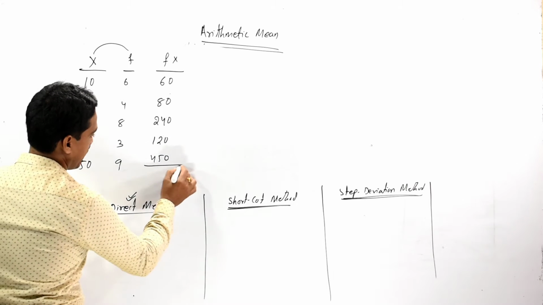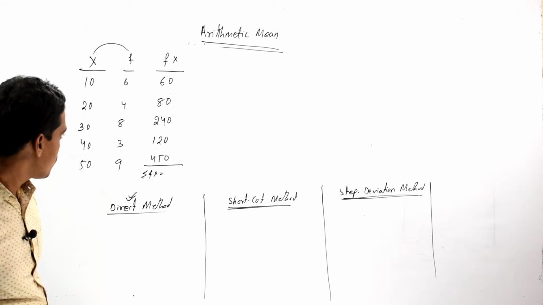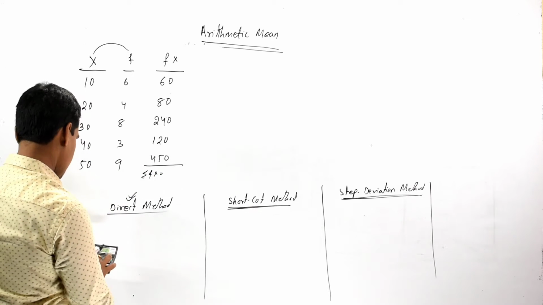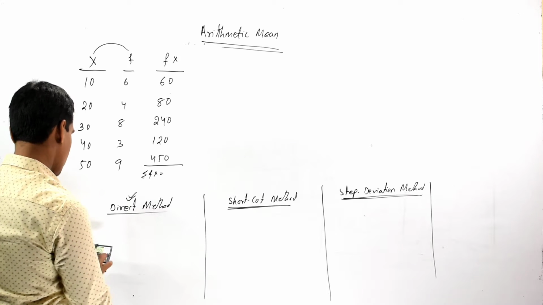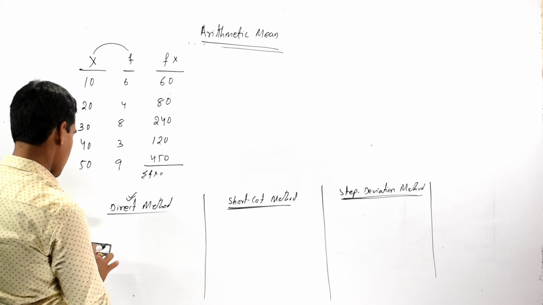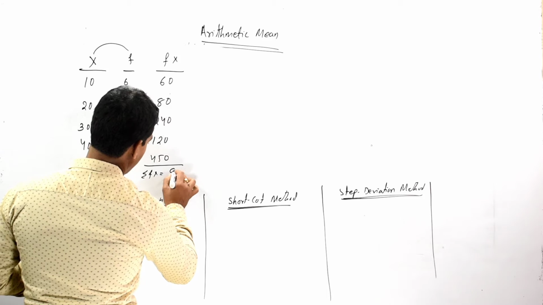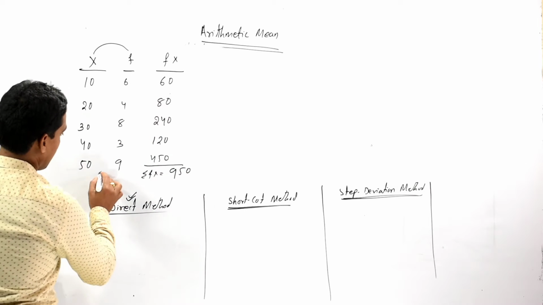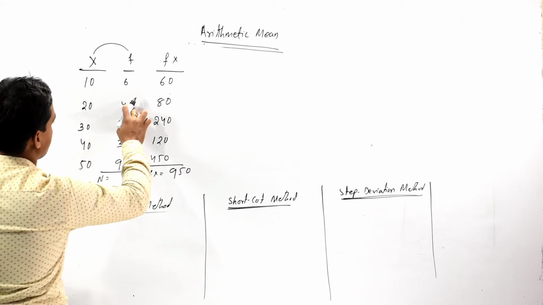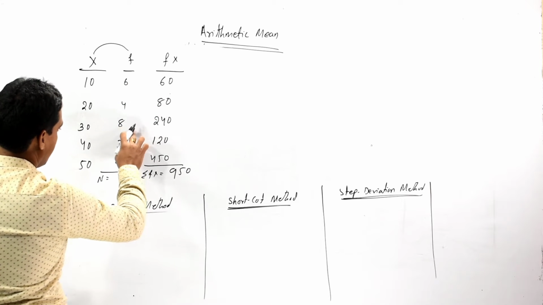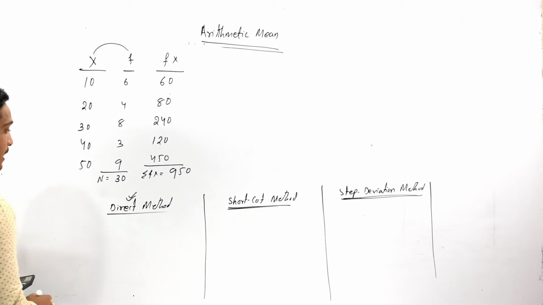Now the summation of fx is 60 plus 80 plus 240 plus 120 plus 450 equals 950, and our total frequency, that is n, equals 6 plus 4, 10, plus 8, 18, plus 3, 21, plus 9, that is 30.